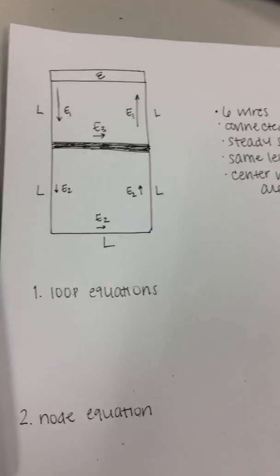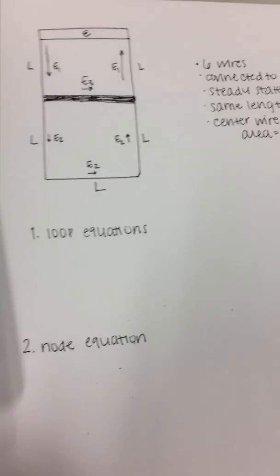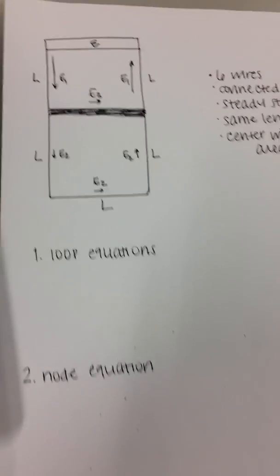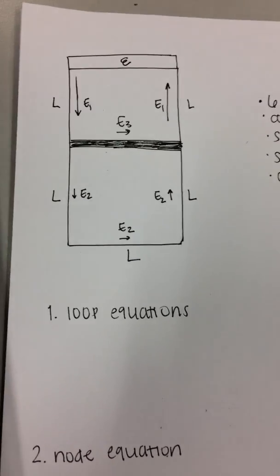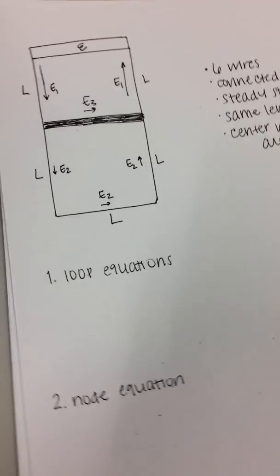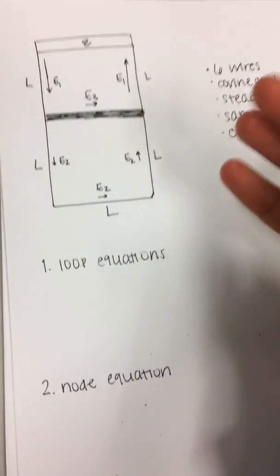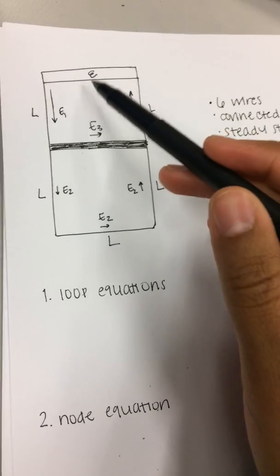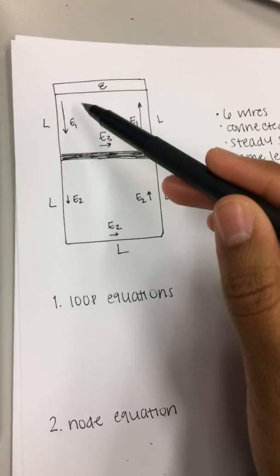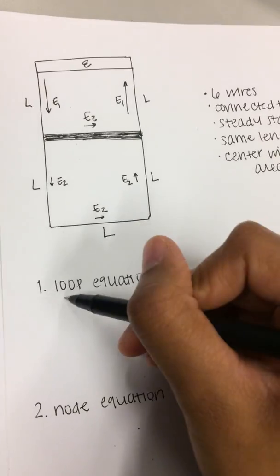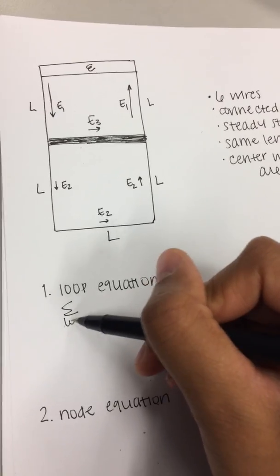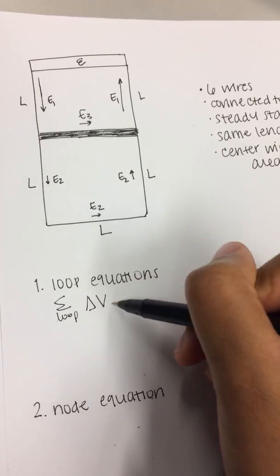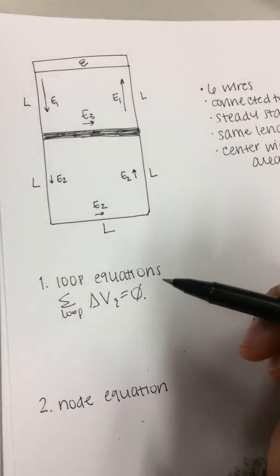So the first part of the question asks you to write down 3 valid loop equations for this diagram right here. If you think about the loop rule, it basically tells you that when you travel around an entire circuit loop, you're going to return to the starting voltage. Mathematically, the sum of the voltage changes around the loop is equal to 0.